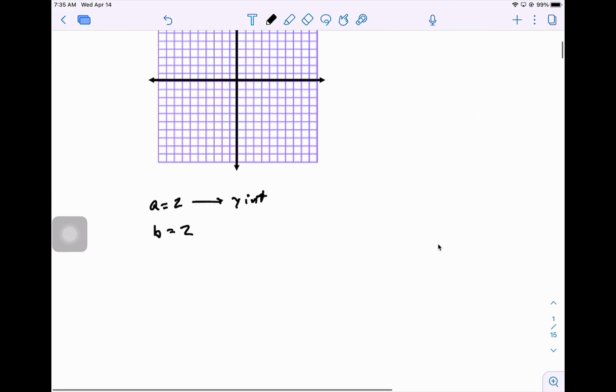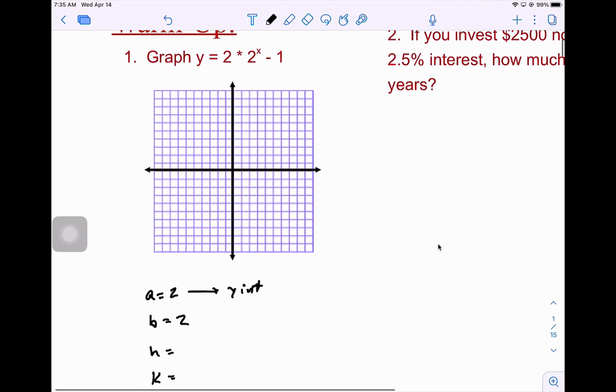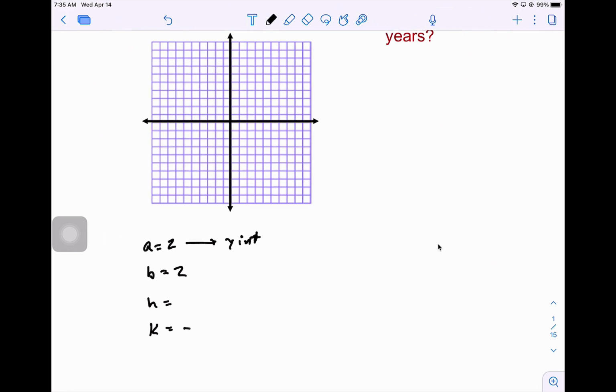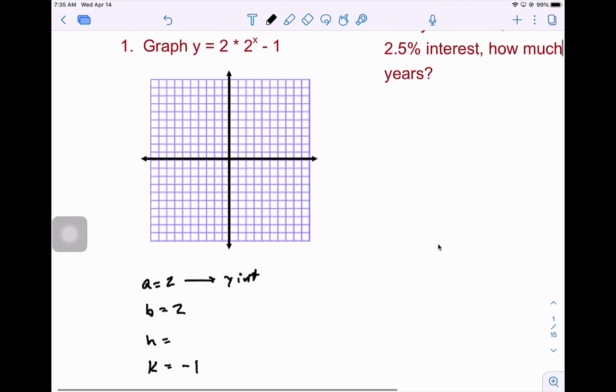Okay? If we keep going, let's identify H and K. What's H on this one? What's my horizontal shift? Yeah, Parker? -1. That's the vertical shift. So the K value is -1. What's the H value?